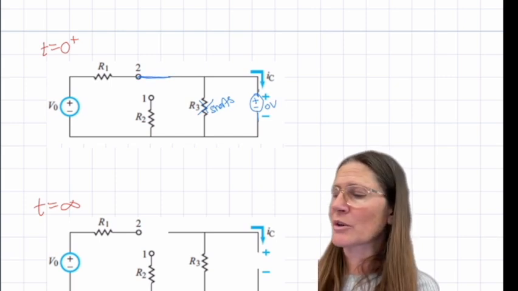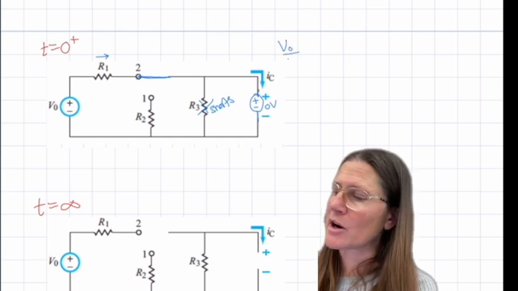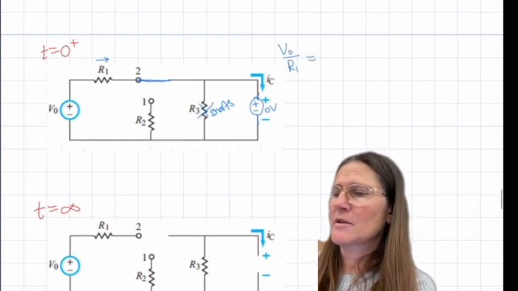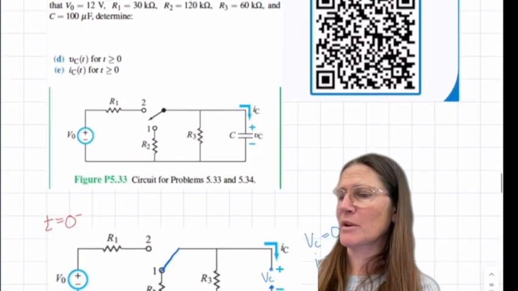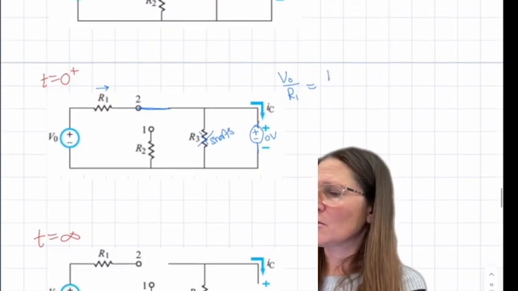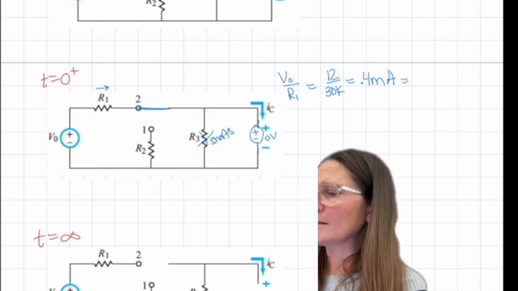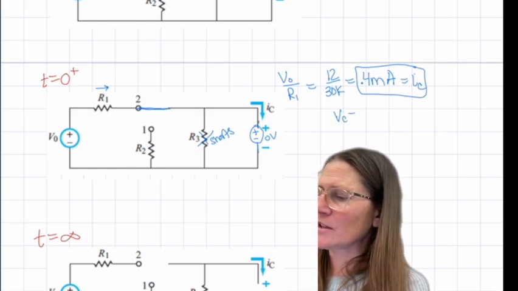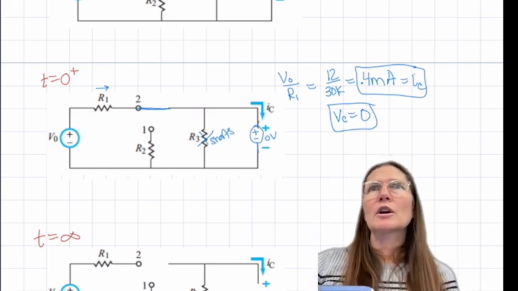And so the current going through IC is just going to be the same current here, which is V0 over R1, which is, what was V0? 12 divided by 30K. So you have 0.4 milliamp for IC. And VC is going to stay the same at 0. So those are your initial values. All right, questions on that?